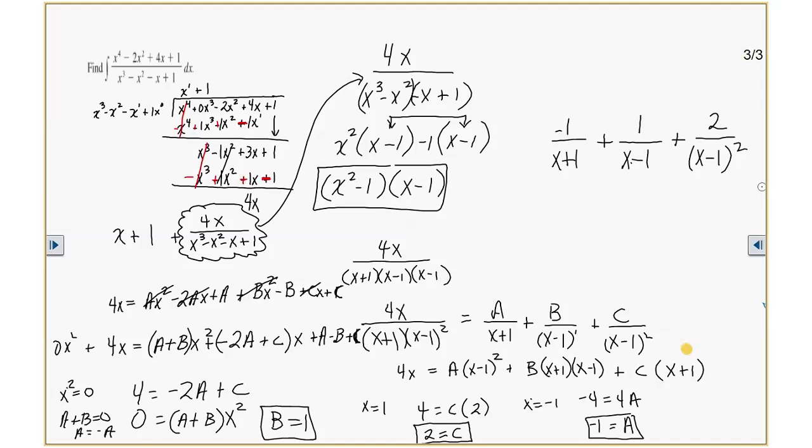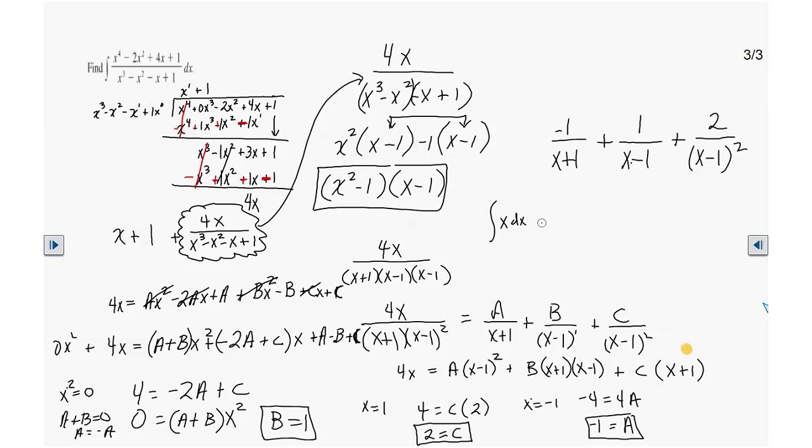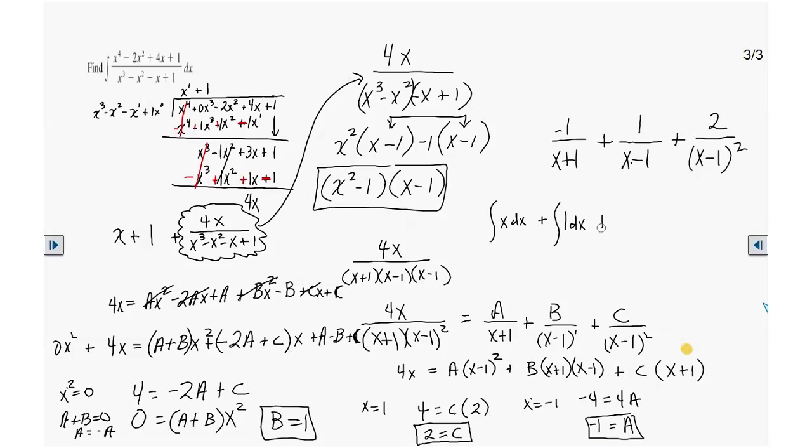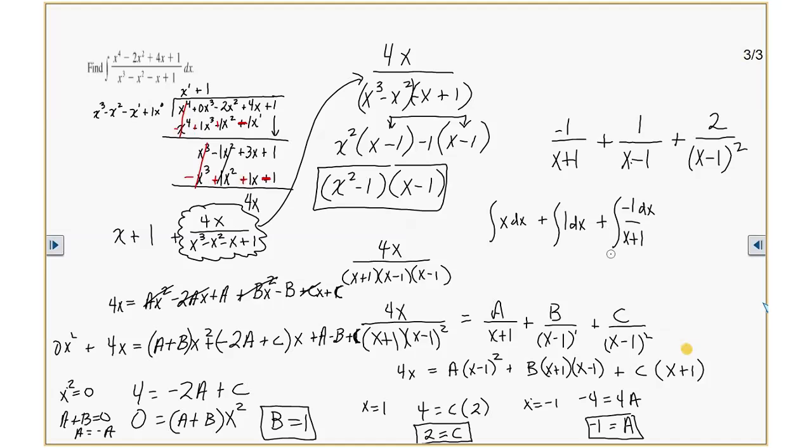Now what was the first two? x plus 1 right there. So we've got the antiderivative of x dx plus the antiderivative of 1 dx, plus the antiderivative of negative 1 over x plus 1 dx, which that negative can come out here.